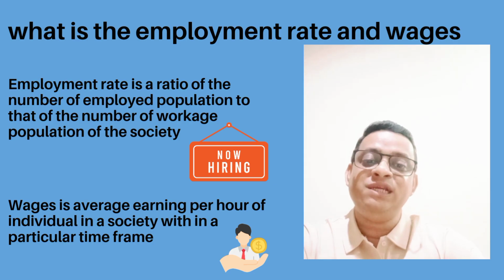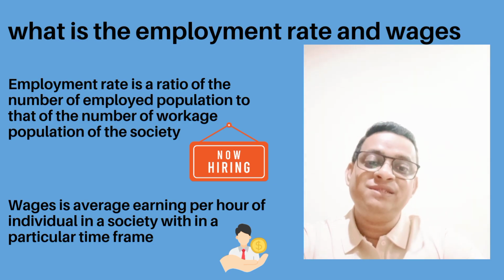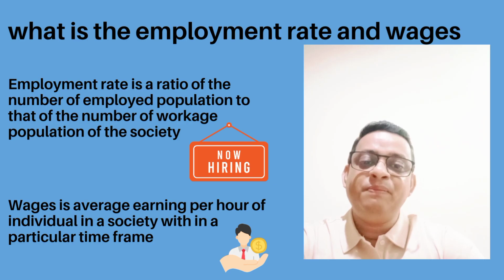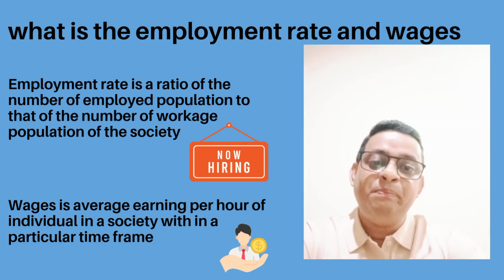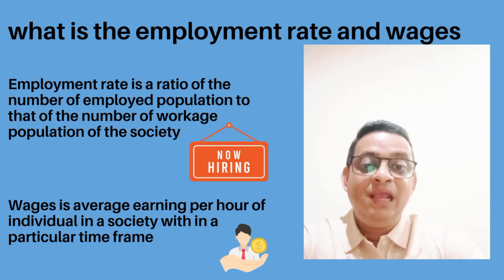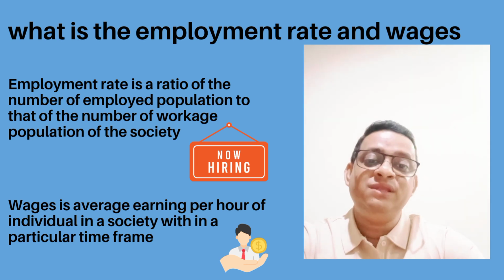Now what is the work age population? The work age population is the population coming within the age bracket where we assume that all people are doing work, earning money for their society and contributing something to the society. So the work age population is the base, and the employed population are those who are employed within the society.